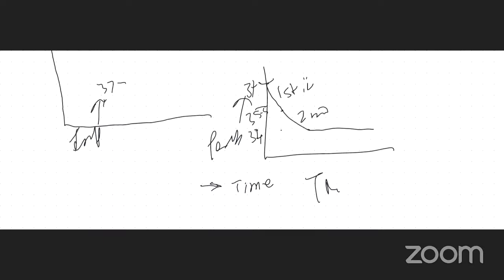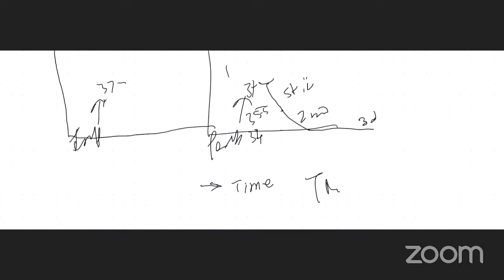Yes, sir. In the first hour, because the peripheral to core gradient is lost, temperature dips by around 1.5 degrees centigrade. Then the rate of fall decreases. Yes, correct.